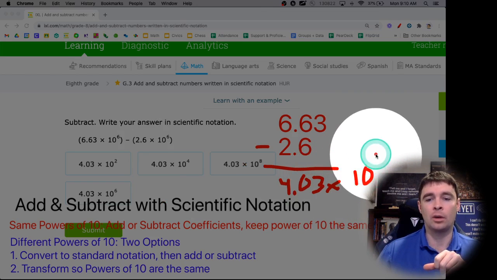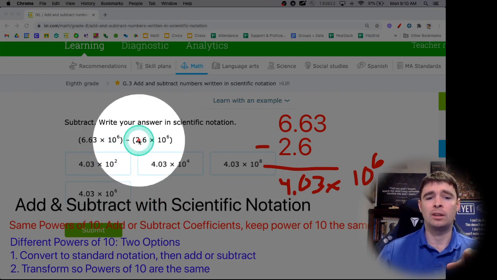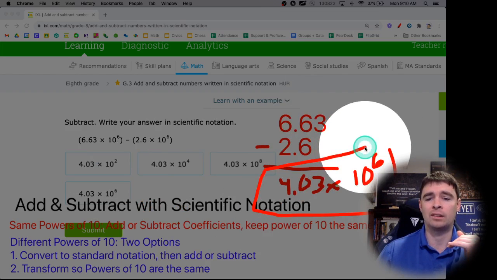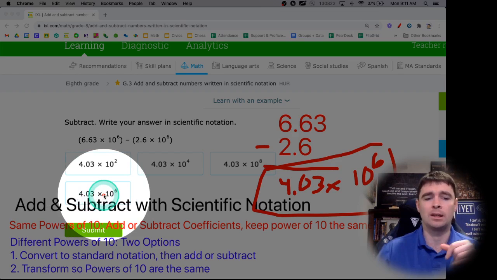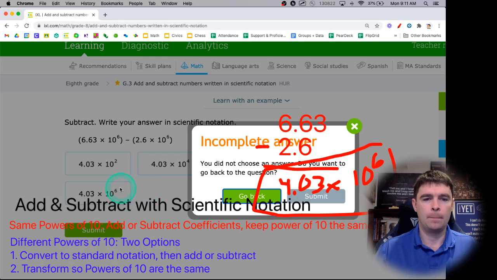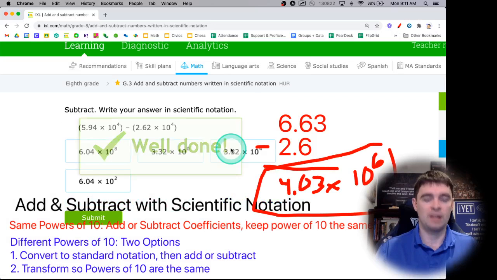That's not going to change. When you see the same powers of 10, you can simply add or subtract the coefficients, and that power of 10 stays exactly the same. So the answer we need is 4.03 times 10 to the power of 6. And we see that's the correct answer.